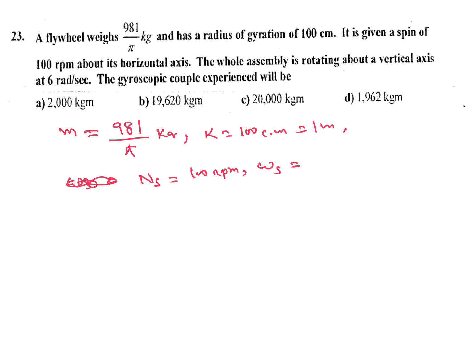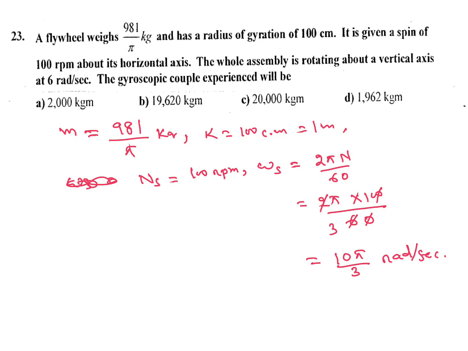So it's 2 pi N by 60, 2 pi into 100 by 60, which is 10 pi by 3 radian per second. Then the whole assembly is rotating about a vertical axis at 6 radian per second. So omega is 6 radian per second.